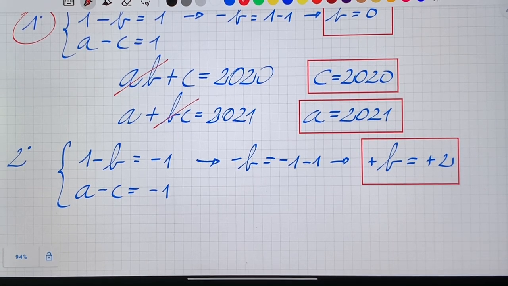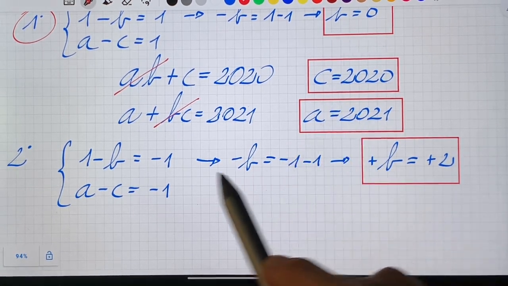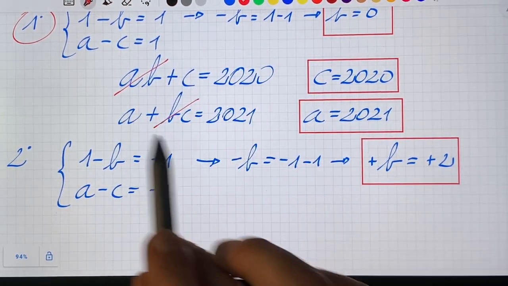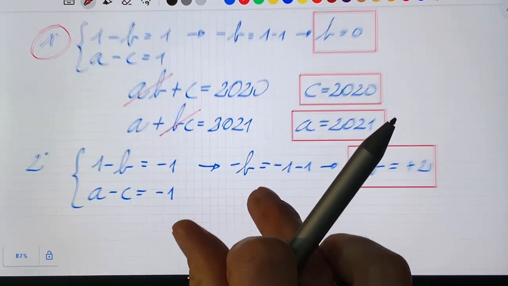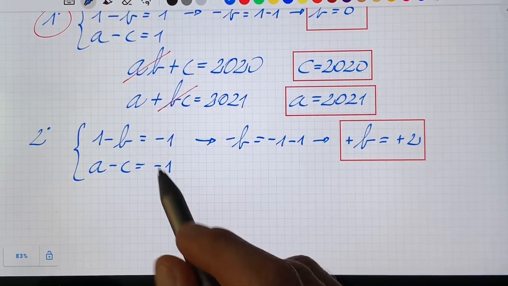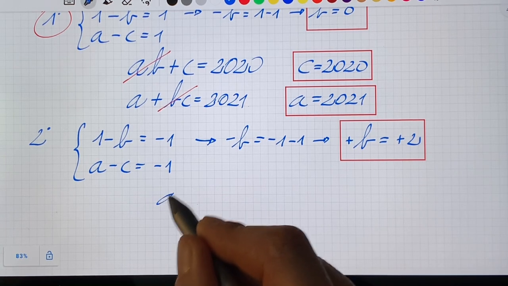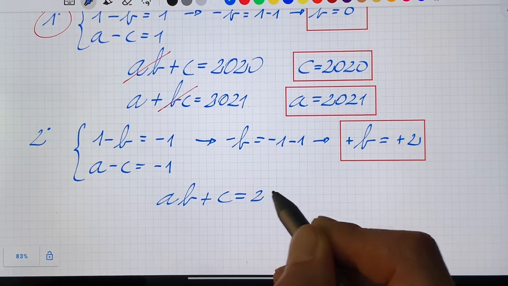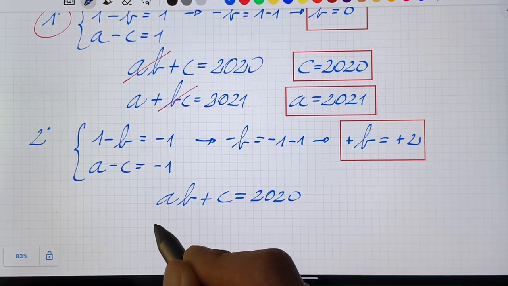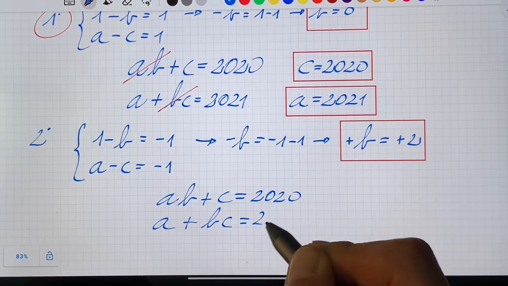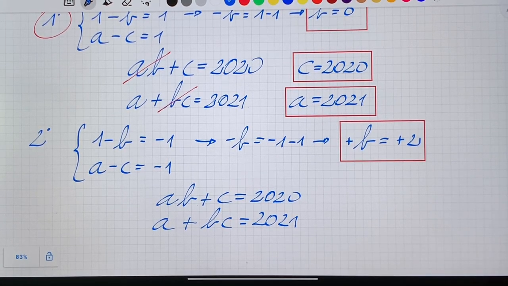Now, we need to find out c and a. I will write the original equations here. The original equation states that a times b plus c is equal to 2020, and a plus b times c is equal to 2021.